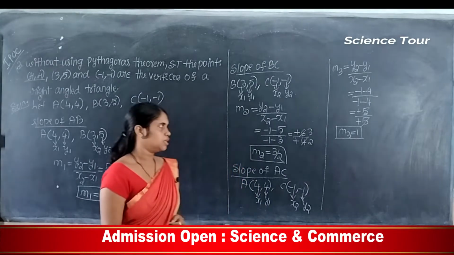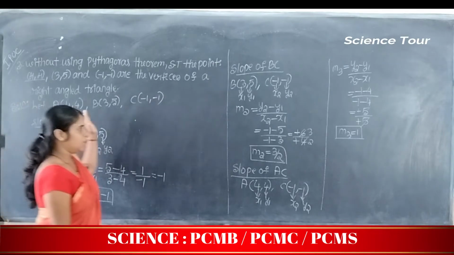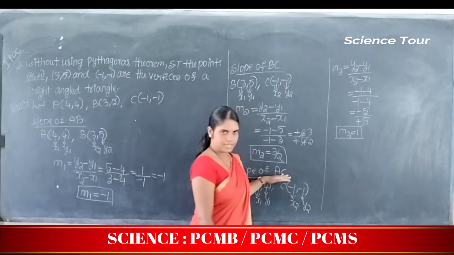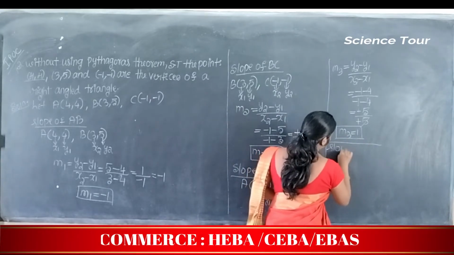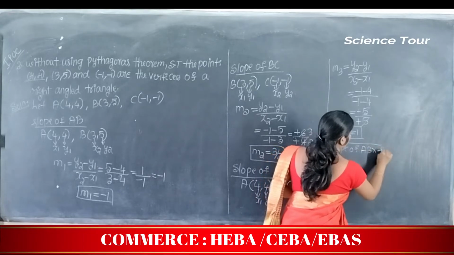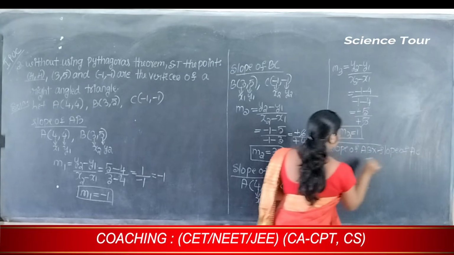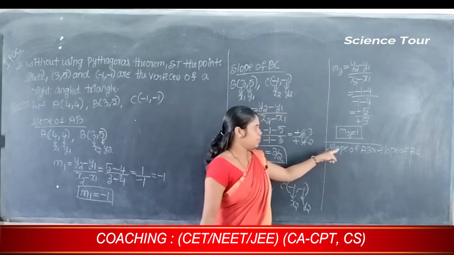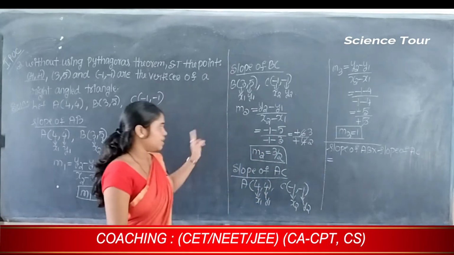See students, in the next step I'll multiply slope of AB and slope of AC, first one and last one.